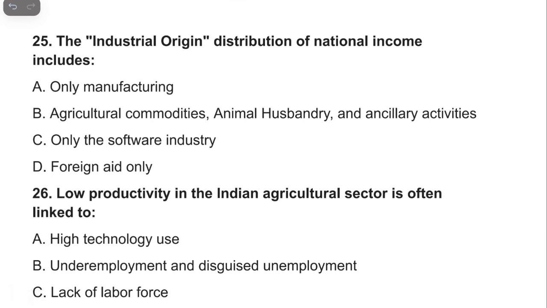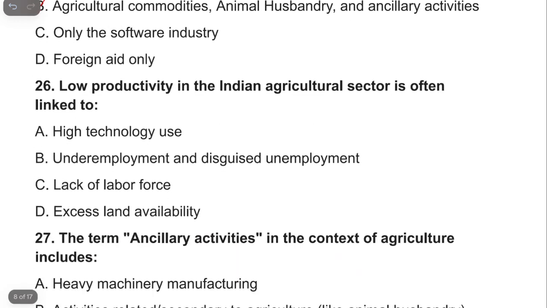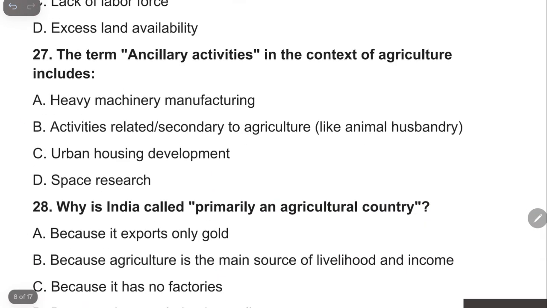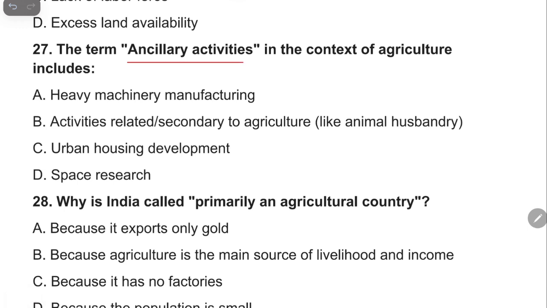The industrial origin distribution of national income includes option B, agricultural commodities, animal husbandry and ancillary activities. Low productivity in the Indian agricultural sector is often linked to underemployment and disguised unemployment. The term ancillary activities in the context of agriculture will include activities related to secondary agriculture.